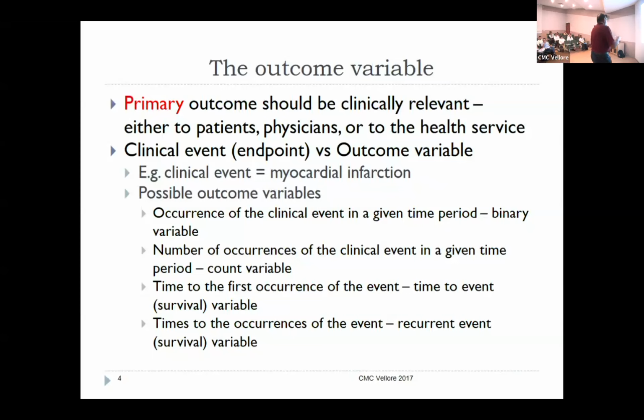Now, this kind of variable is called a time to event variable or a survival variable. And Dr. Mahesh was talking about the hazard ratio, and the hazard ratio is calculated by looking at the survival distribution and seeing the rate at which people are getting the heart attacks. And this survival distribution is estimated.